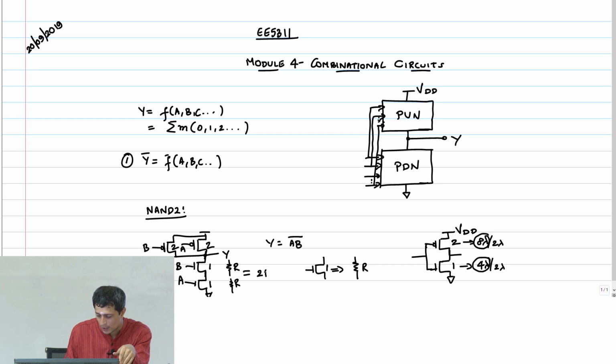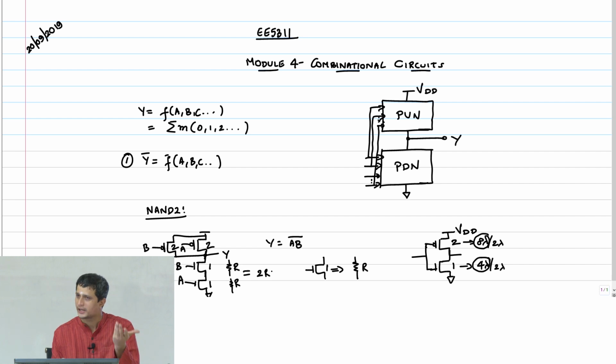But we want the net pull down resistance to be R. The reason is, for NAND 3, I'll have a 3 stack. That will become 3R, 4R, and delay will keep going up. So somewhere we have to normalize this delay. The best thing to do is to, by definition, normalize it to the delay of the unit inverter, right?